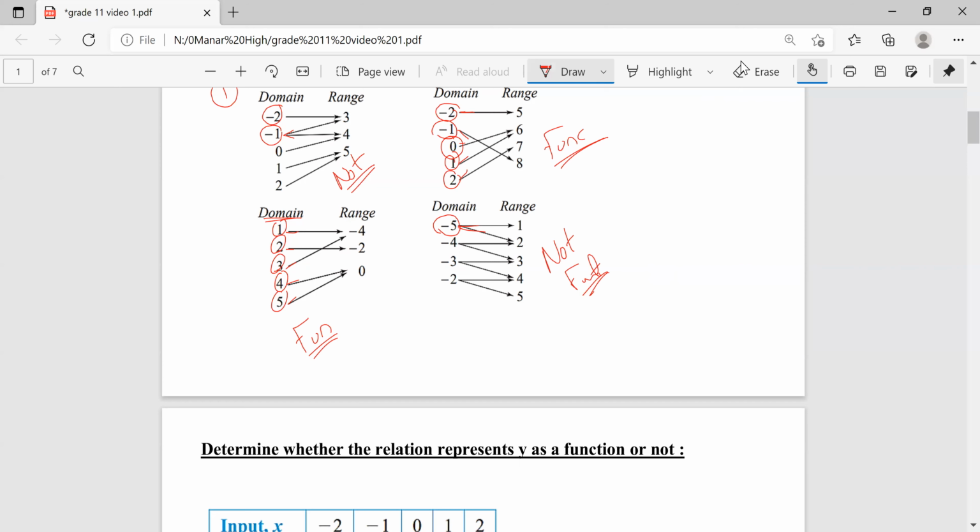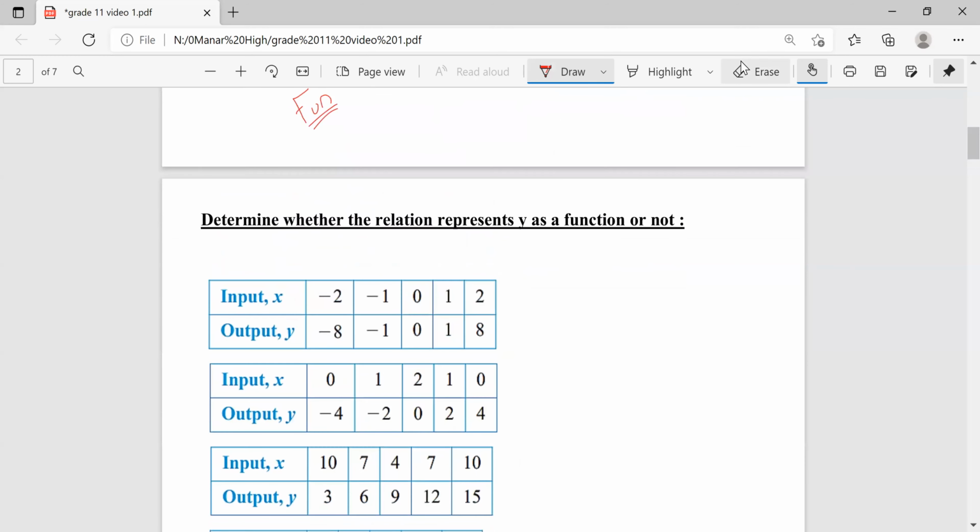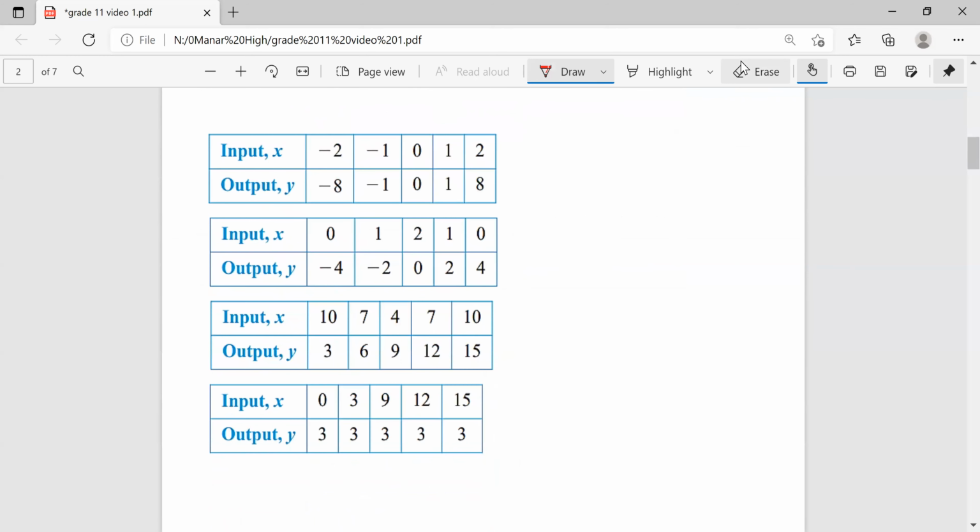Okay. Now, if the given is a table, do not waste your time. Only look at the input values. If a value is repeated, this is not a function. So concentrate on the inputs. If there is a value repeated in the inputs, it may have two values corresponding in y, so it's not a function.